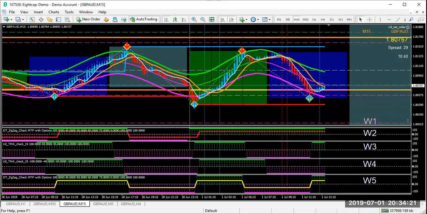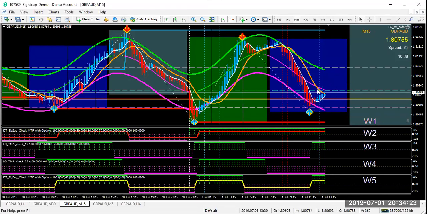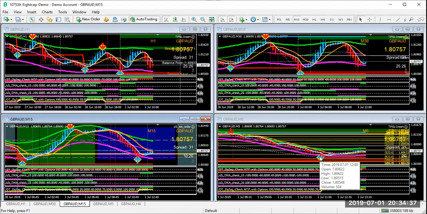But we do have this line here. Price may consolidate and may give us another blue vertical line. What we do have is current low diamonds in 15 and 5.